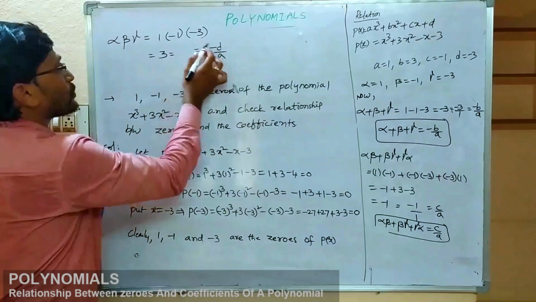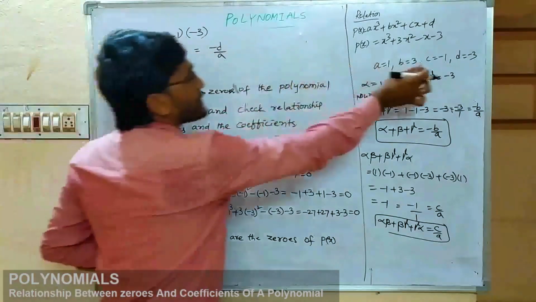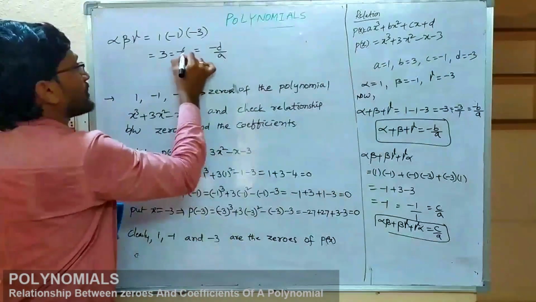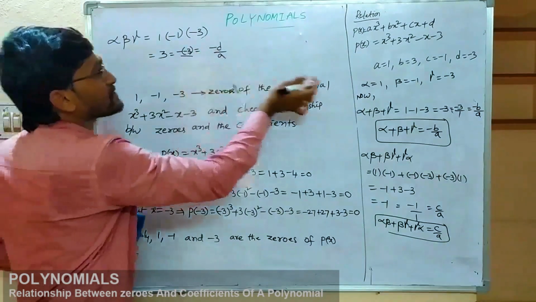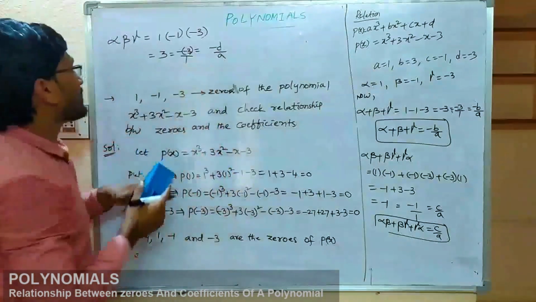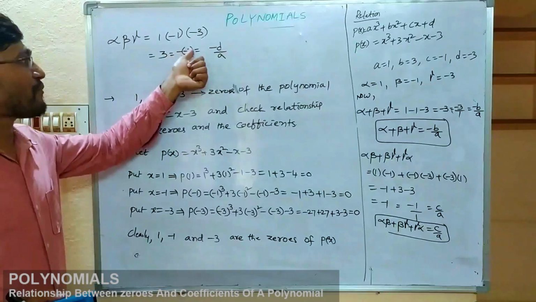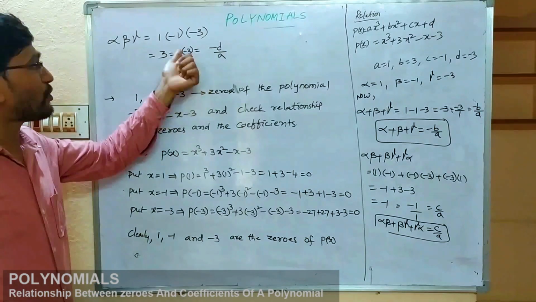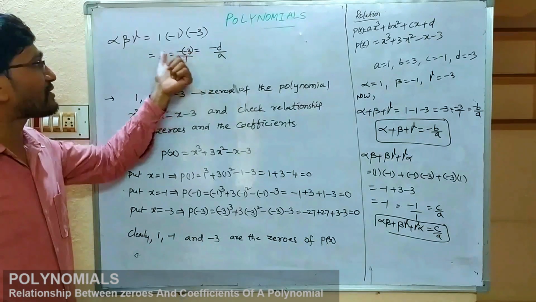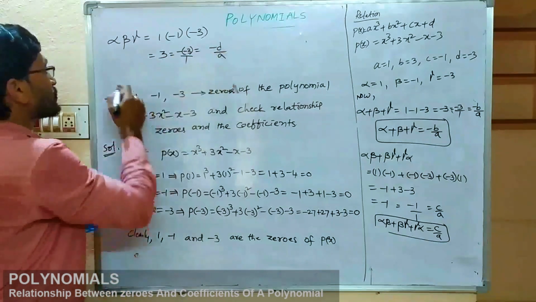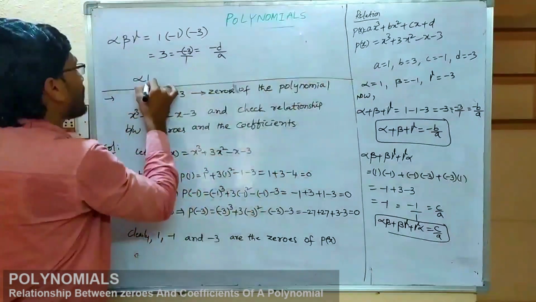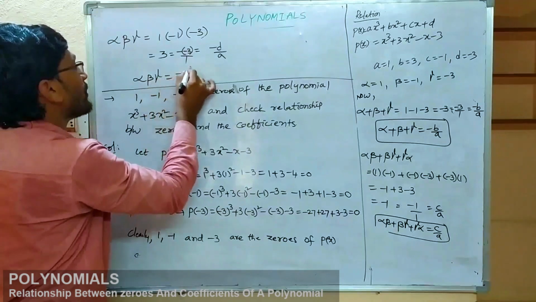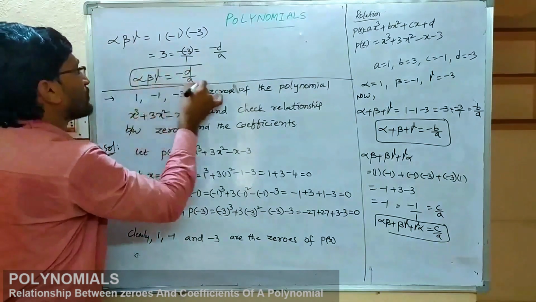What is d? D is minus 3. By a, which is 1. So we can write 3 as minus of minus 3 by 1. Is it correct or not? True only. 3 is equal to minus d by a. So finally, alpha beta gamma is equal to minus d by a.